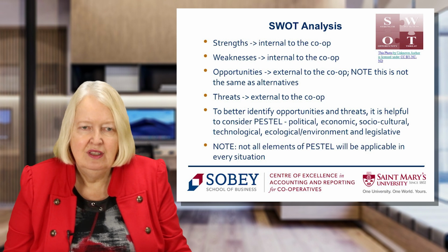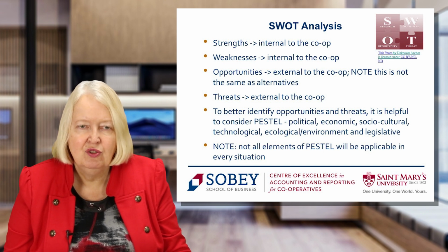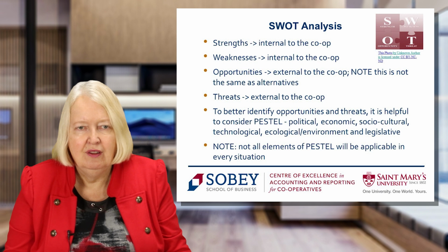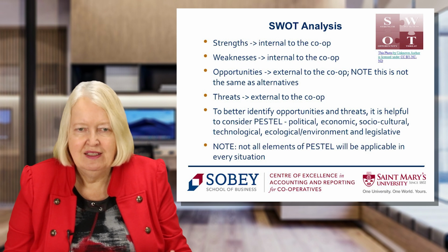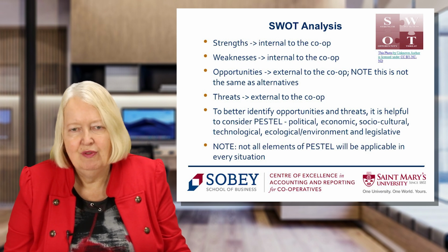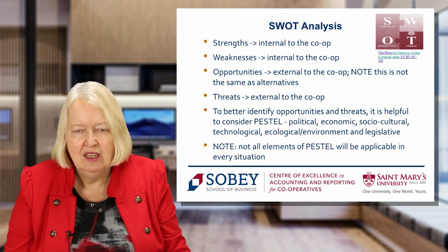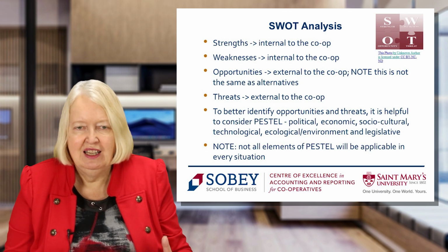And then another technique to make sure you've identified all of the SWOT is to look at using PESTEL. So PESTEL stands for political, economic, sociocultural, technological, ecological, environmental, and legislative. So this is basically a checklist.